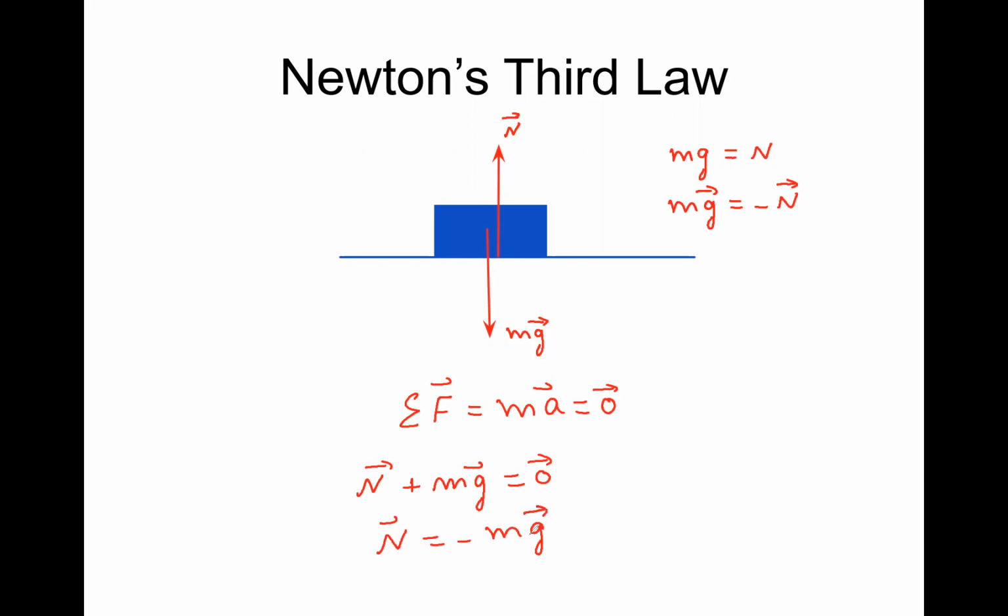So the action is opposite to the reaction as a vector quantity, but as magnitude, n magnitude equals mg magnitude.